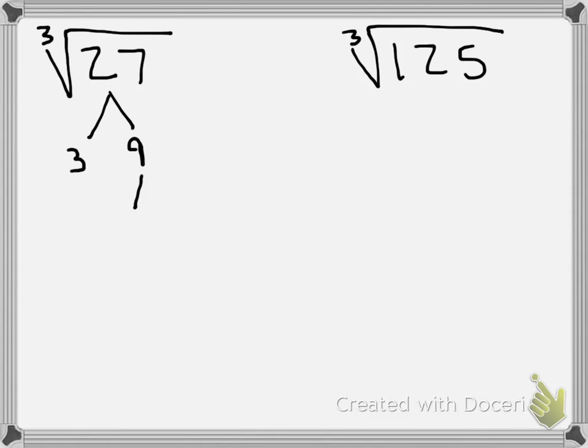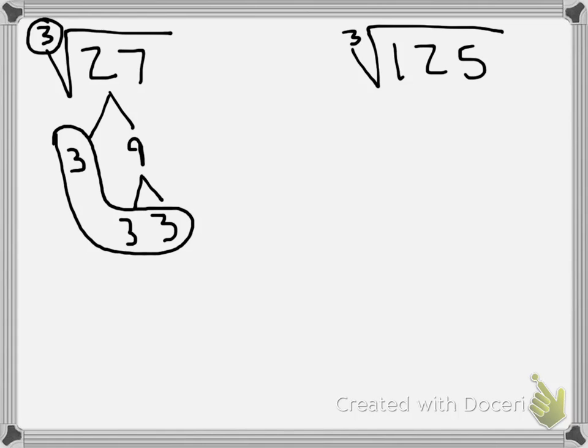And I can branch this 9 into 3 times 3, and we can't go any further than that. Since it's cube roots, we're looking for groups of 3. So here's 3 3s, so I know that the cube root of 27 is 3.